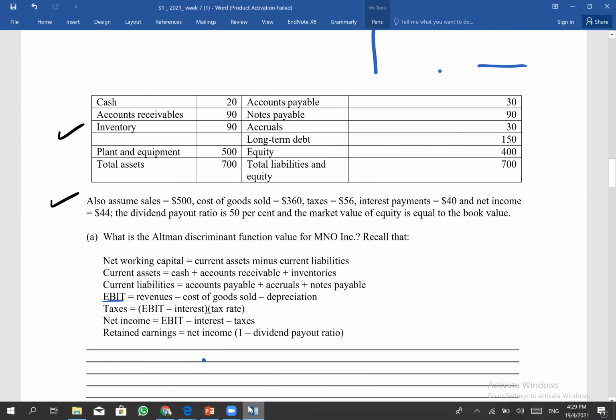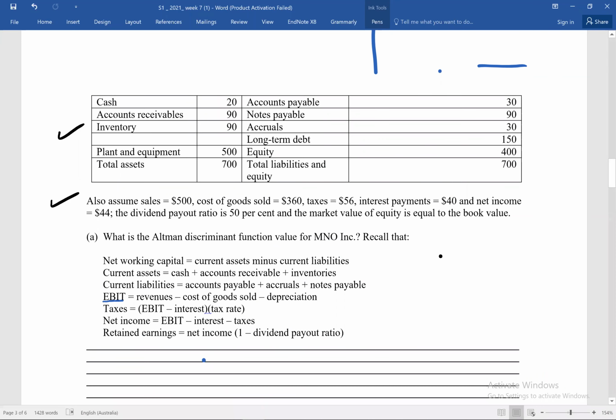I know working capital is current assets minus current liability. Current asset is this one. And current liability is this item, this item, this item, which is 150. So 200 minus 150, which makes it 50.